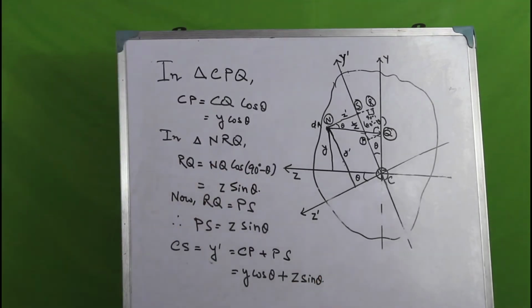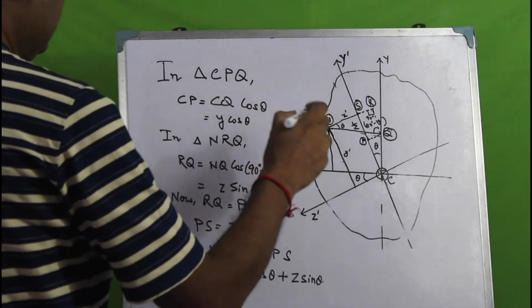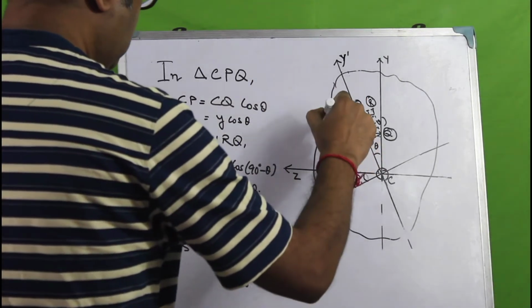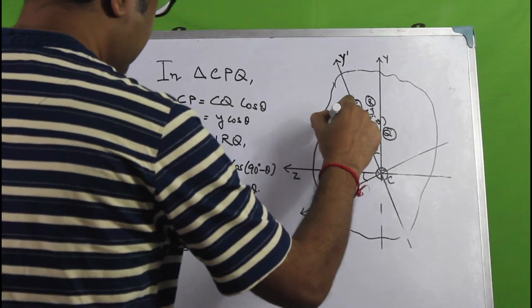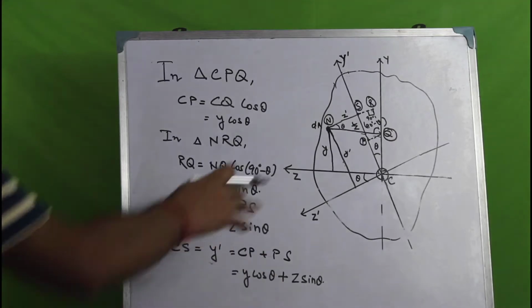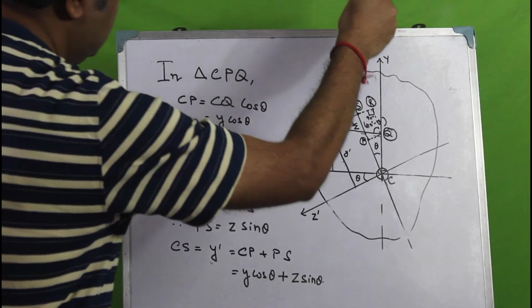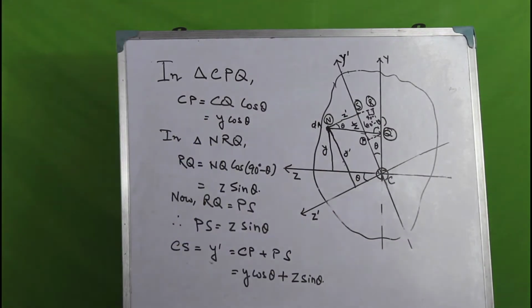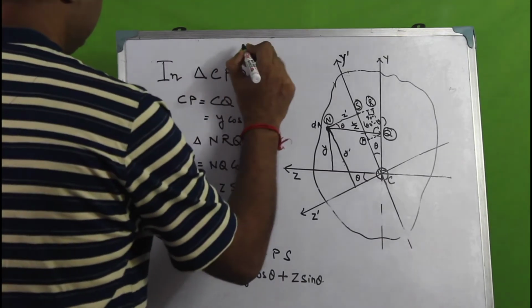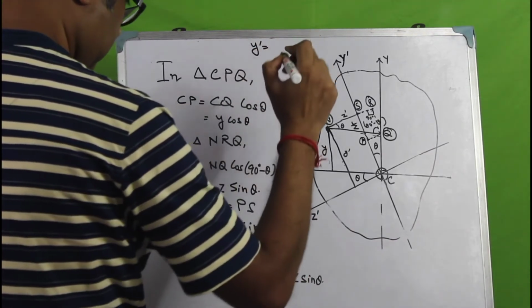So we have expressed the value of Y dash, that is the distance of this area dA from the Z dash axis, in terms of the distances that were expressed against the original set of axis system Y and Z. So we have Y dash equal to Y cos theta plus Z sin theta. So let us write this, whatever we have found here, down in here.